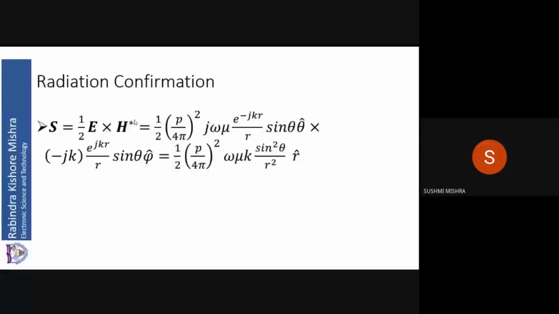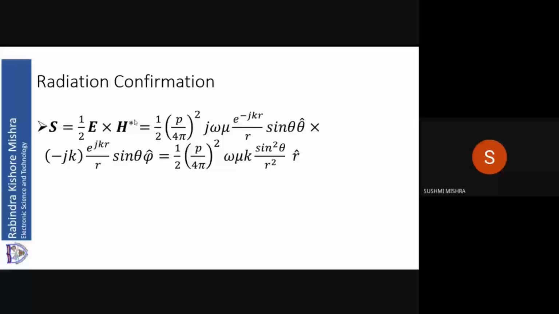Then for E, it is j omega mu e to the power minus j k r by r, sine theta, theta cap. For H, we do not expect minus j k r now, because H is the complex conjugate. So it will be plus j k r. Similarly, minus jk becomes plus jk.